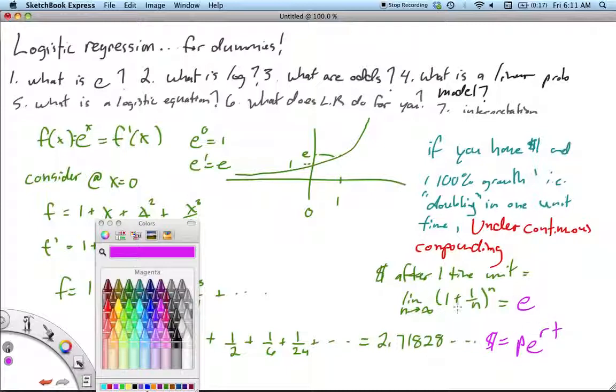E is the base, raised to the rate times time.